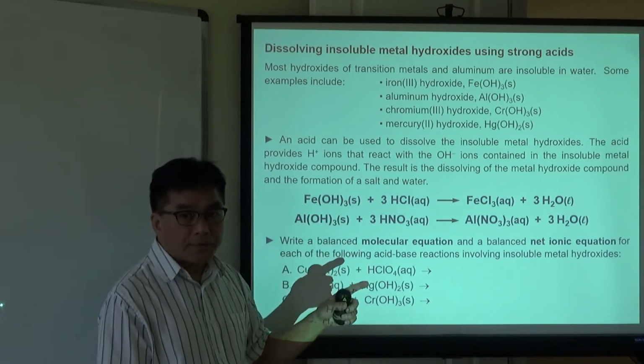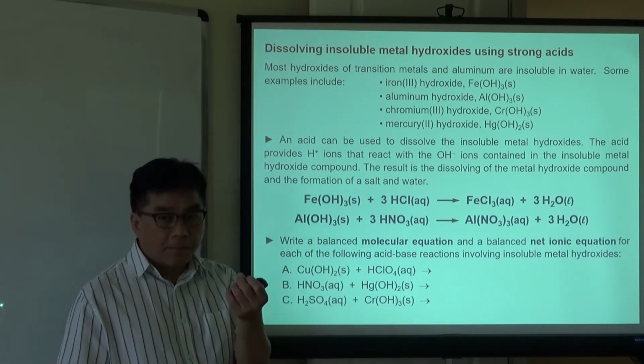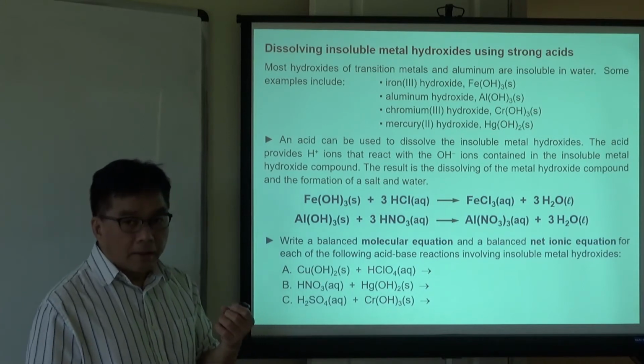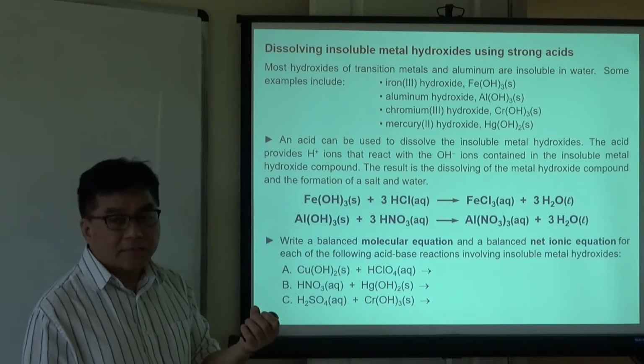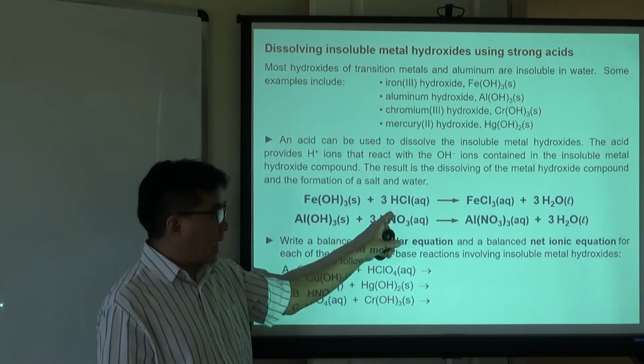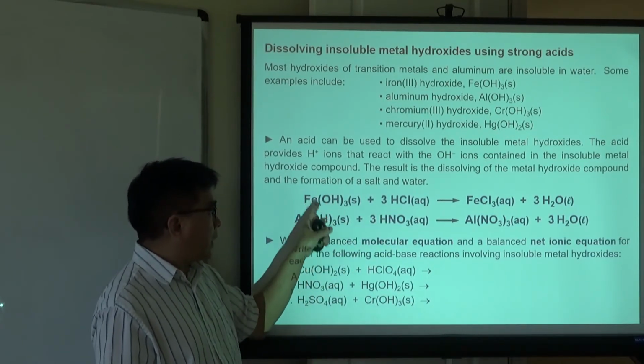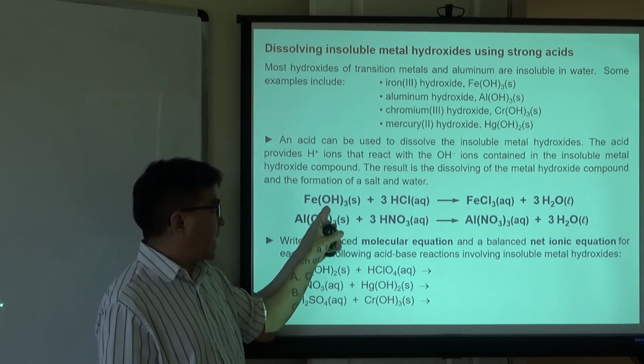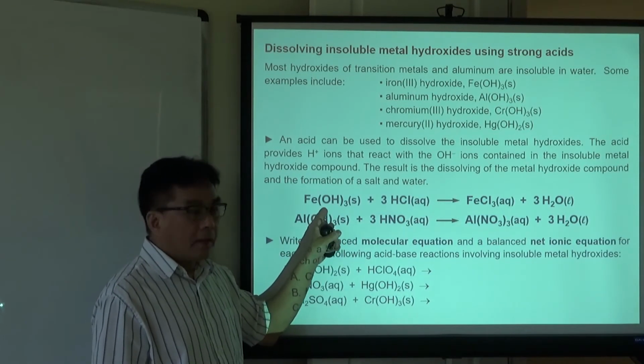Most ionic substances as a solid come as a crystal, just like a sodium chloride crystal. The hydrogen ions from the acid zoom right into it, recognize the hydroxide and react with hydroxide to form water.